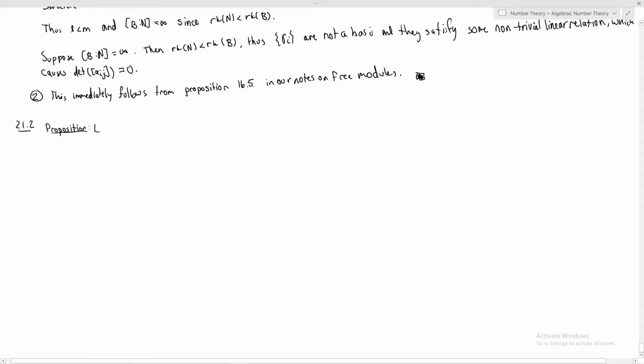Okay, we're going to let L be a finite separable extension of a field K. And let's say this extension has degree m.